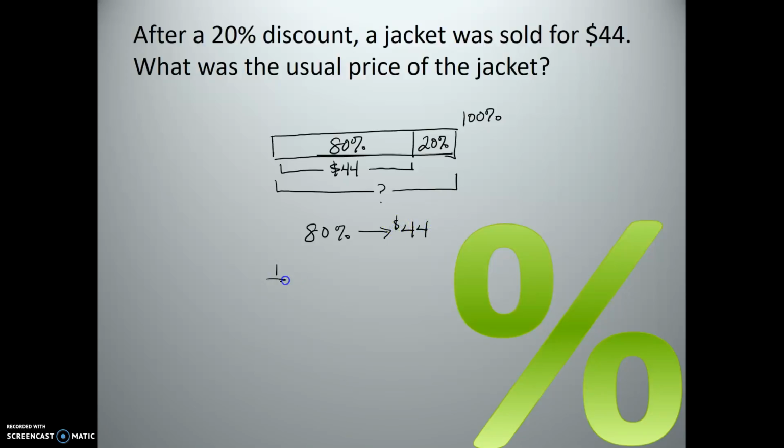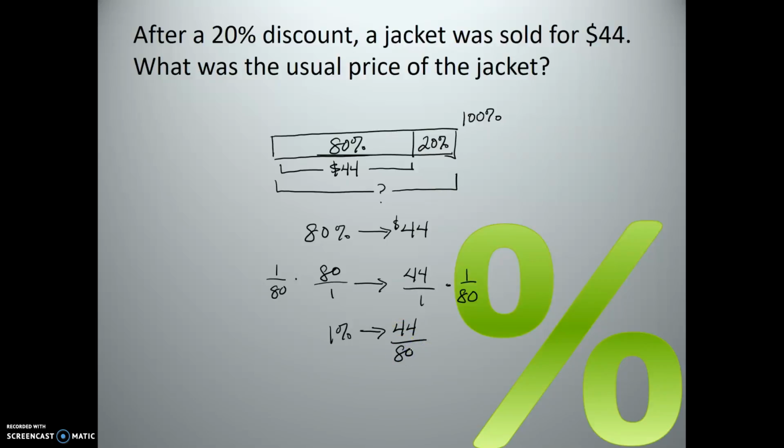So let me write this out this time. If I divide both sides by 80, that's actually the same as multiplying it by 1 over 80. And that would be 44 times 1 over 80. So, oh, look at that. I made a mistake. There we go. So we have 1% equals 44 over 80.